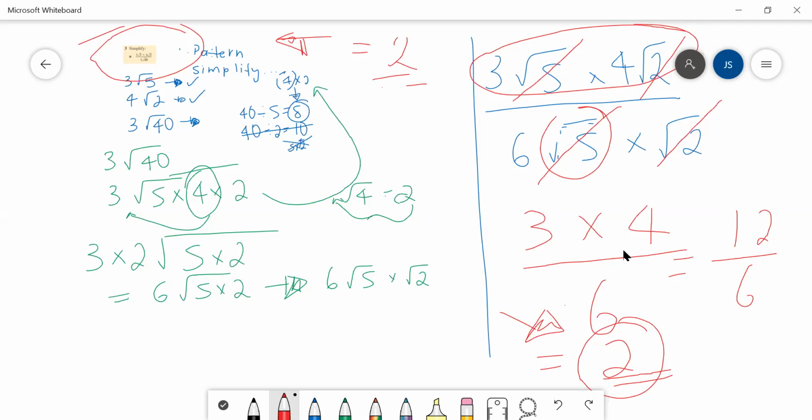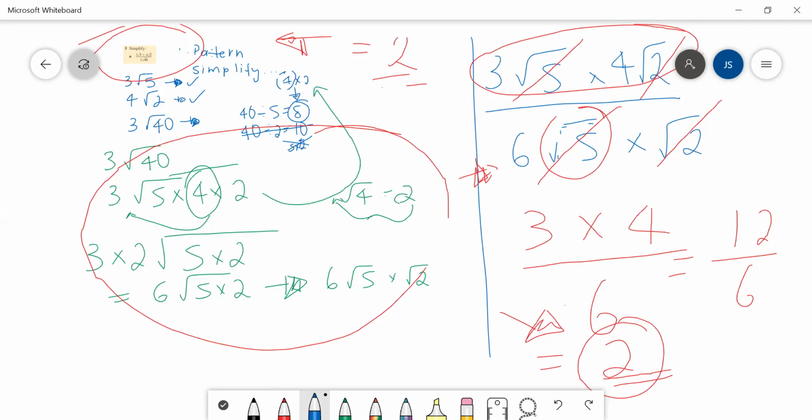Now in maths, it's not just about what you got for your final answer, it is how you communicate your answer. I know there's lots of working out happening here. Are you required to show this much in every single step? Technically, not really. You do need to show me the process of how you got to these numbers, to get the products of square roots of 5 and square roots of 2, so you can cancel them out.